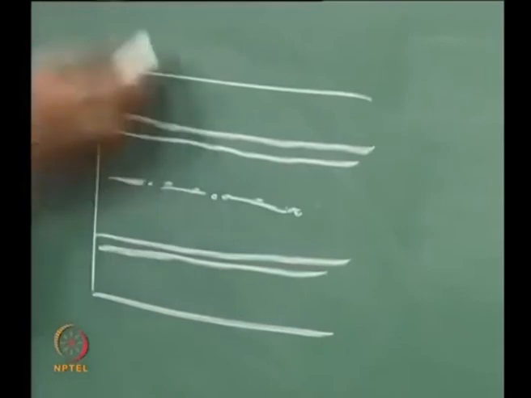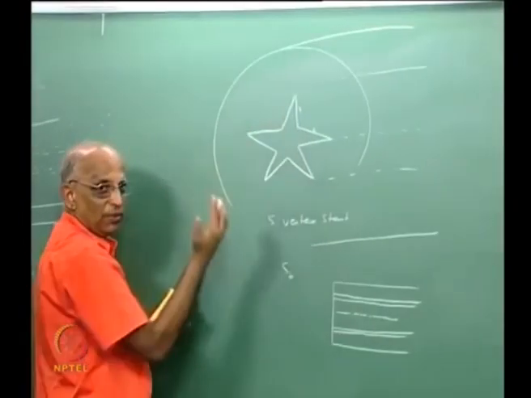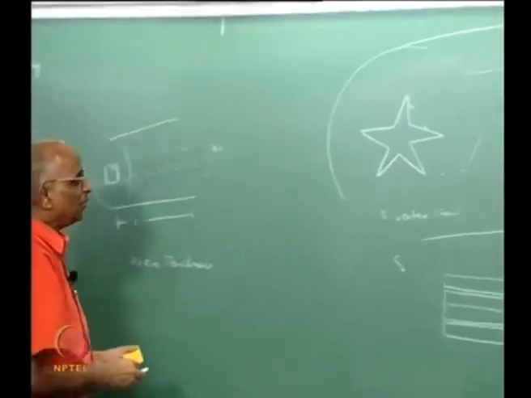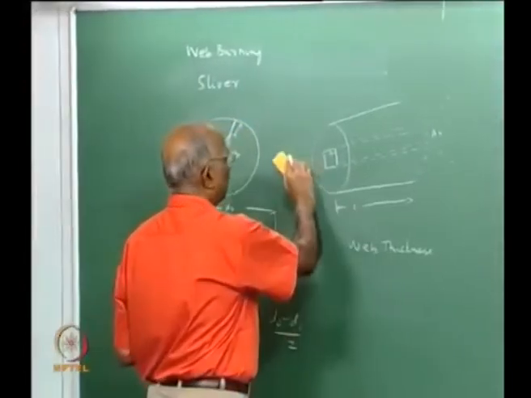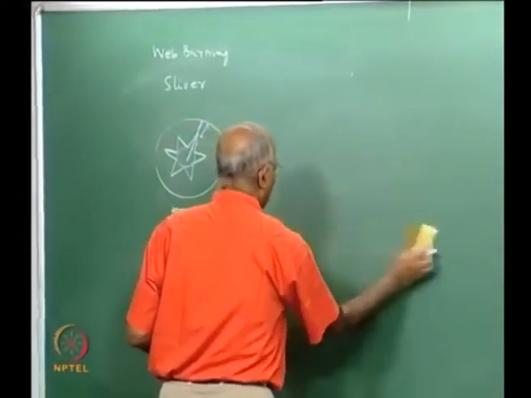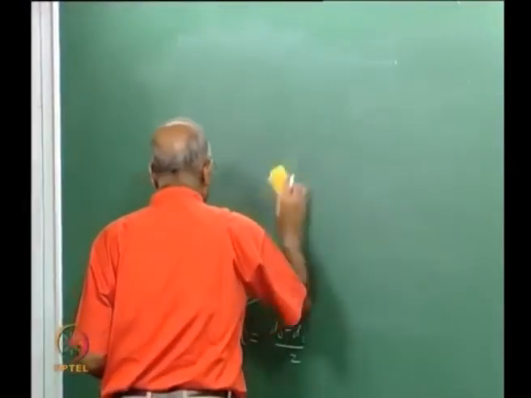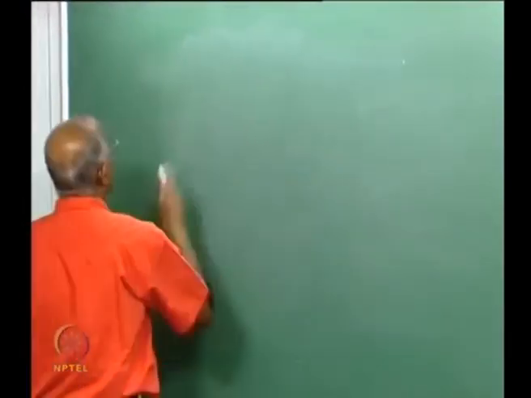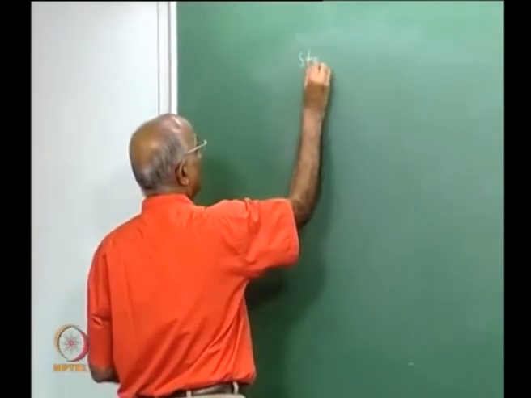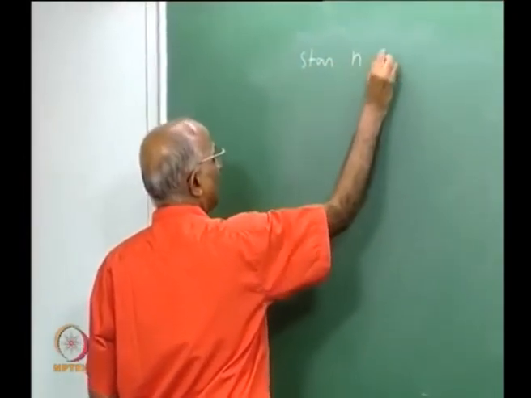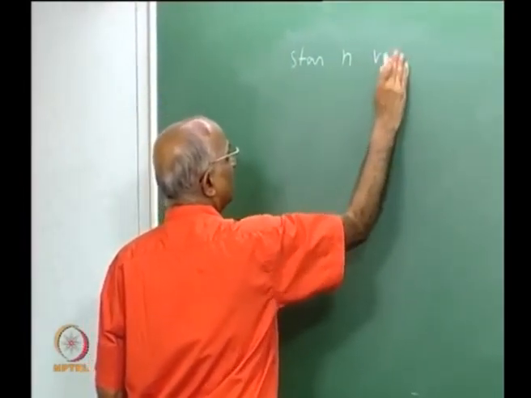I am interested how the surface keeps evolving. Now you could tell me, if I were to now calculate the burning surface area initially, all what I say is, well, let me have a star grain with n vertices.